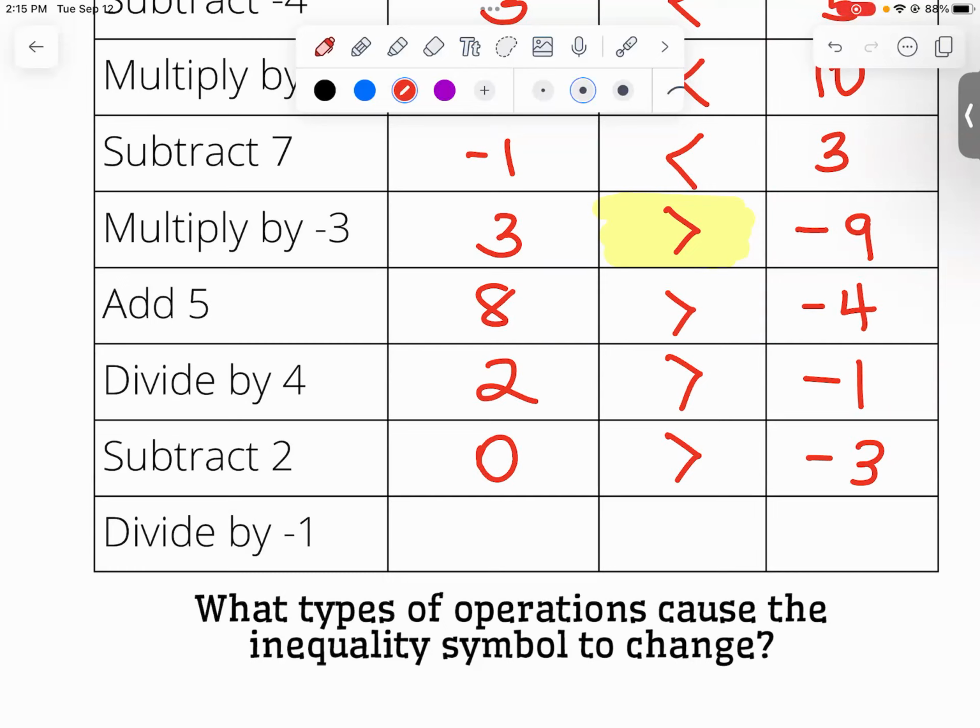If we divide by -1, we get 0 and 3. Which is the bigger number? Okay. Our sign switched 2 times. What can you tell me about the times that the sign switched? Oh, when you divide or multiply by a negative. When we divide or multiply by a negative, our sign switched.